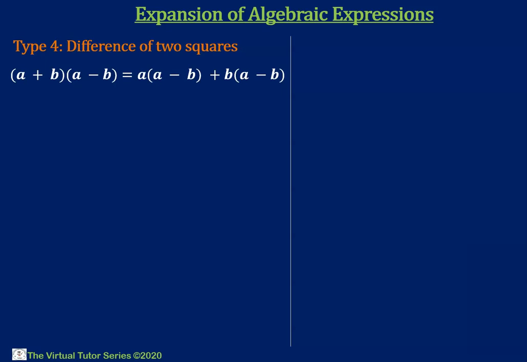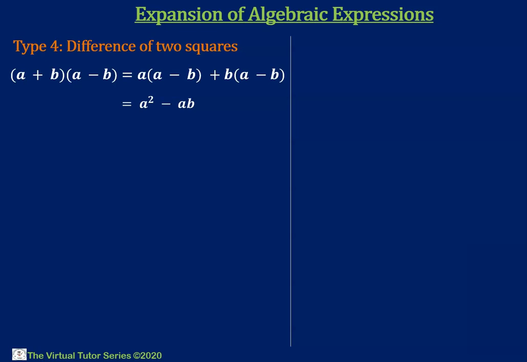A times a is a square, and a times negative b is negative ab. So the first bit of the expression expands into a square minus ab. B times a is ab, and b times negative b is negative b square.